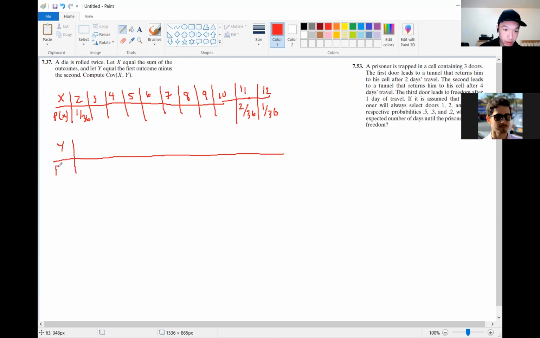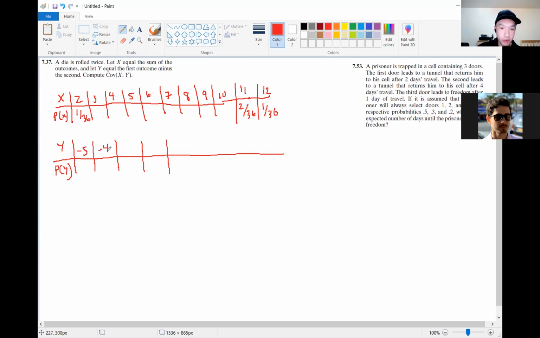And then p of y. So y is the first outcome minus the second. That's not a common way to deal with the two outcomes, but I guess we can think about it. What are the possible values for y then? If you get a 1 minus a 6, that's a -5.